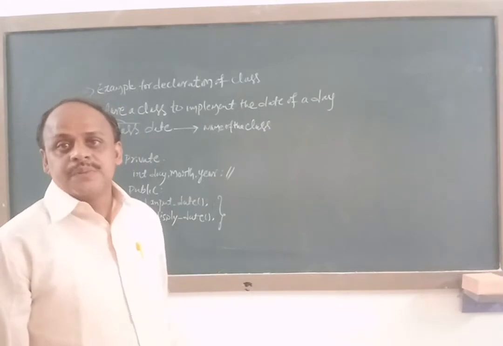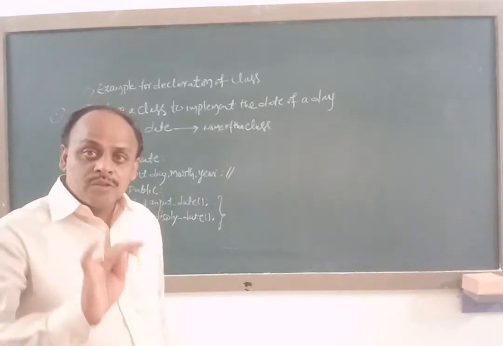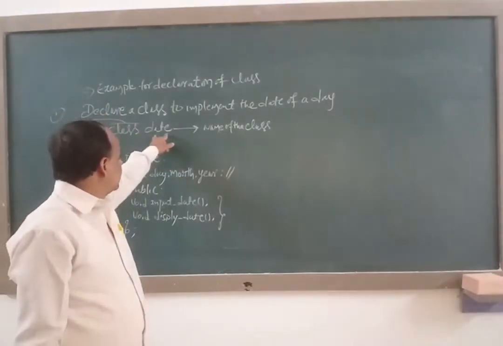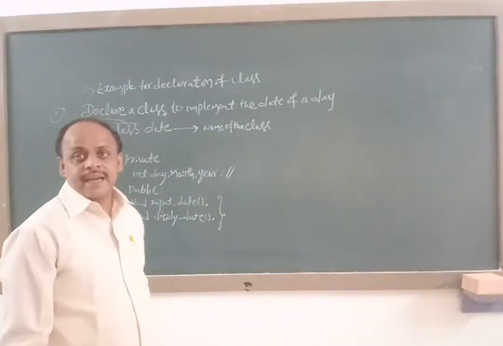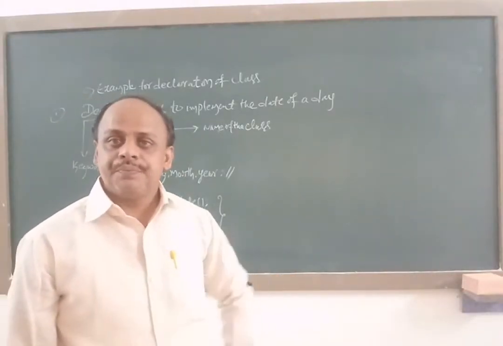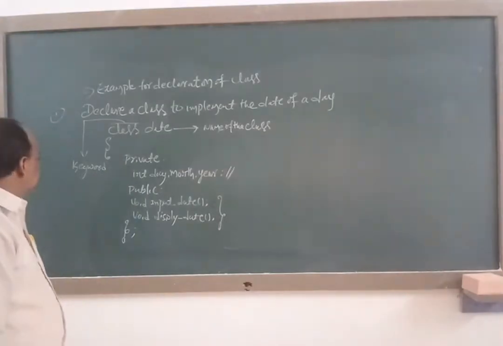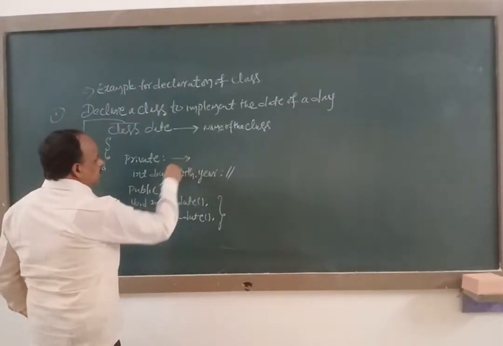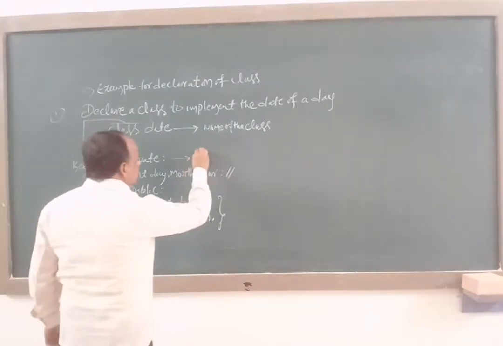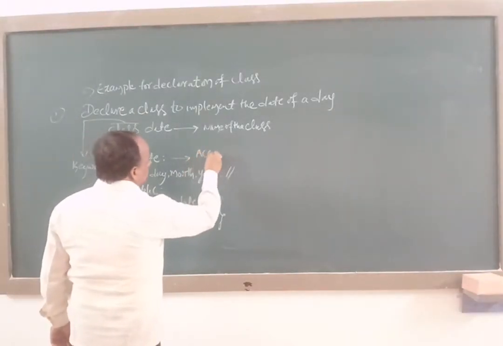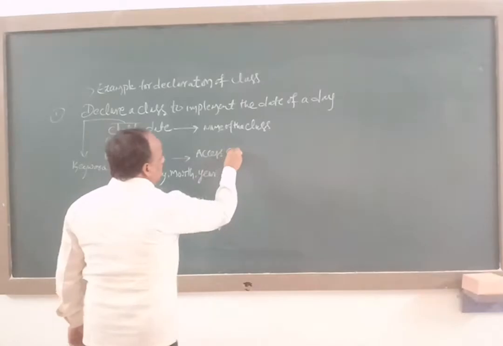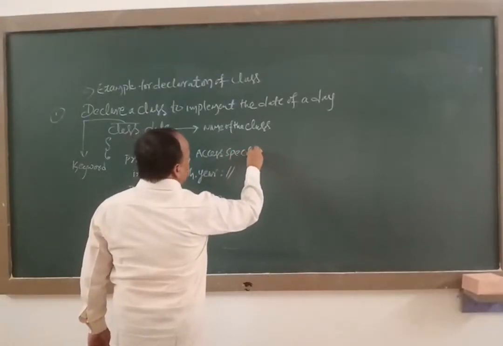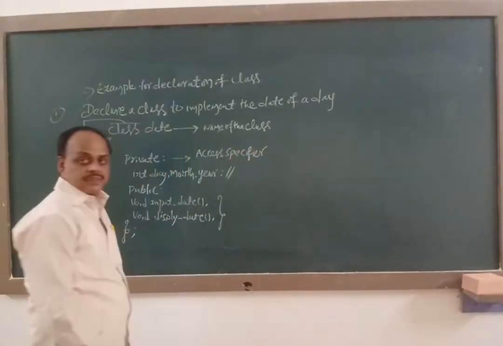After declaring objects, for those objects this class name is going to act as the data type, right? Okay. So this private indicates what? Access specifier.